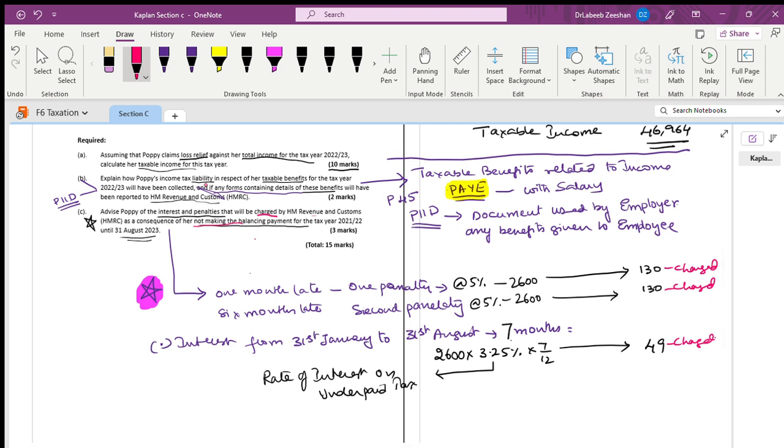See, if it is 1 month late, this is the penalty for paying late. This is the penalty amount, and this is the penalty on the interest.